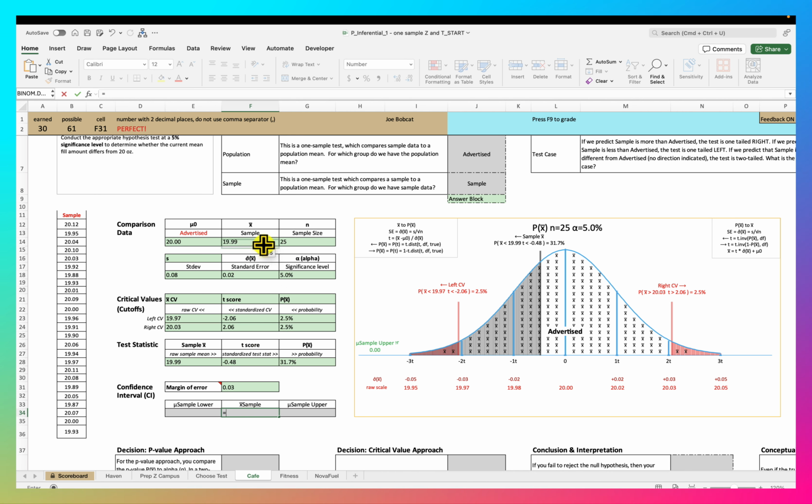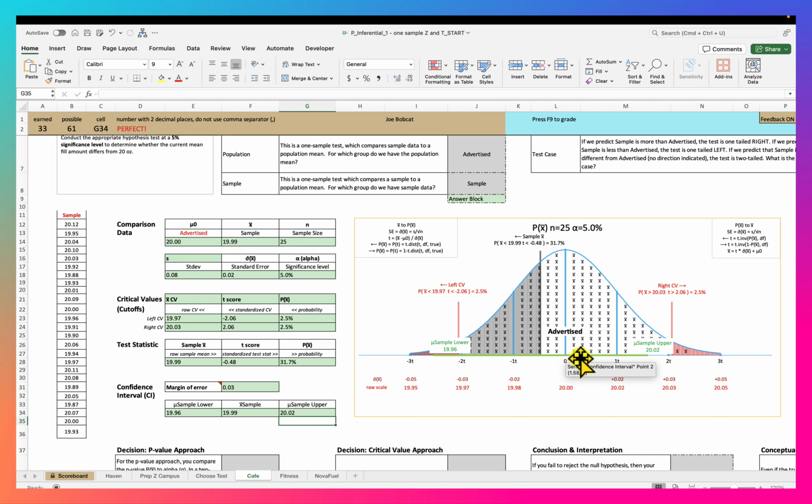So let's grab our sample. So that equals that minus margin of error. And on this side, it's that guy plus margin of error. And sure enough, that crosses the population mean for advertised, so there's no way we're rejecting the null hypothesis.